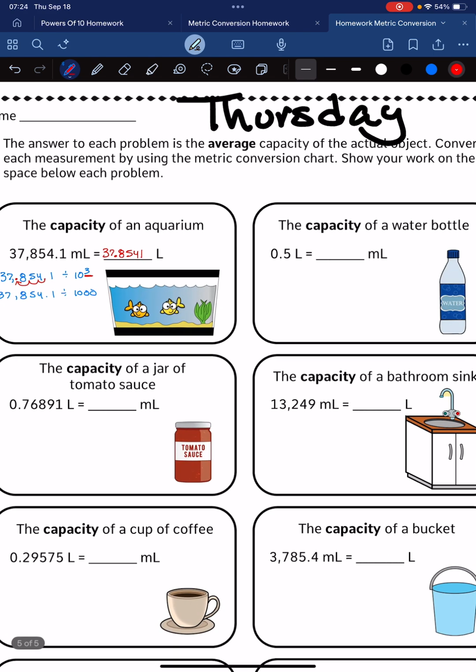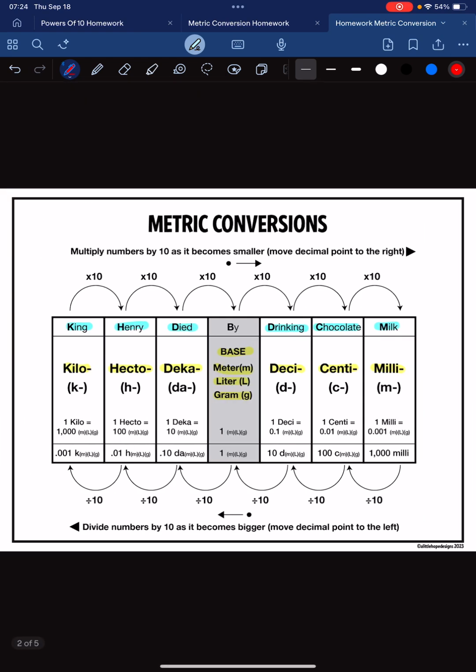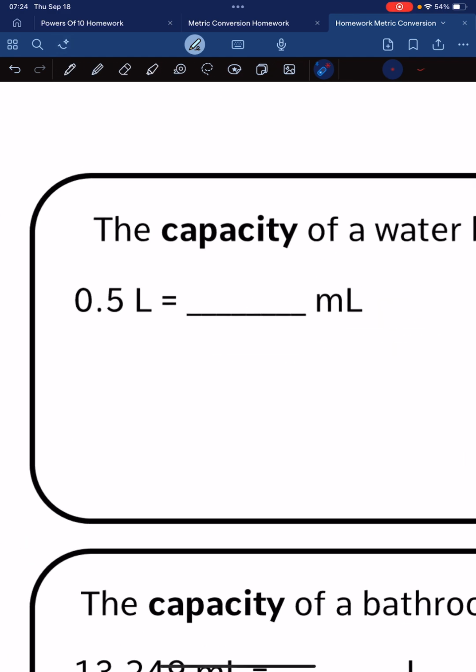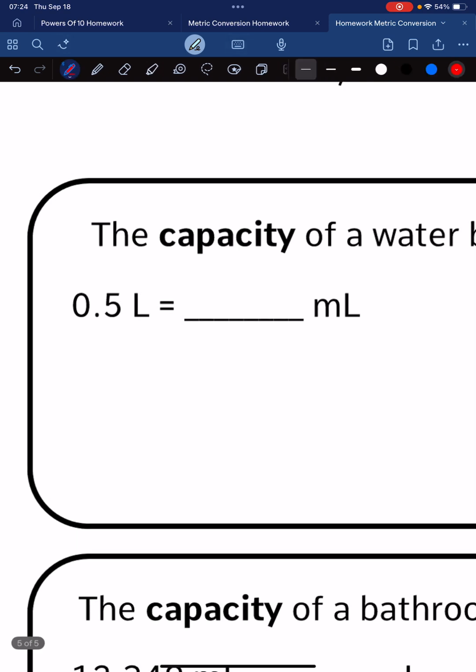All right, and then let's do one more of liters to milliliters. So I have 0.5 of a liter, to milliliters. So I am moving my decimal point from here, I am moving in the direction of getting smaller. So I'm going to be multiplying times 10 to the third power to go from liters to milliliters, okay? So let's talk about it. I have 0.5 times 10 to the third, right?